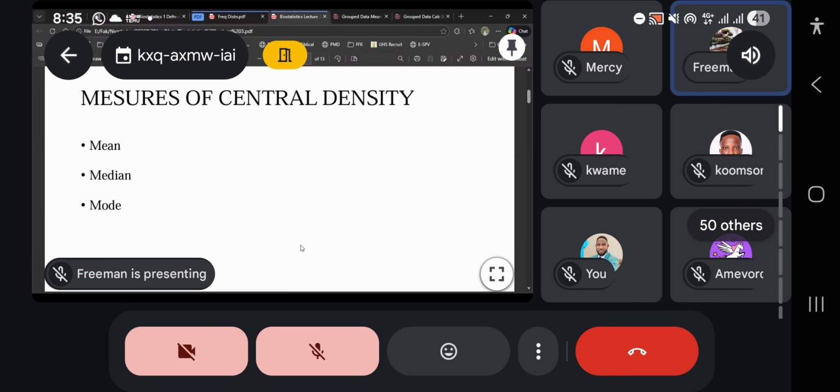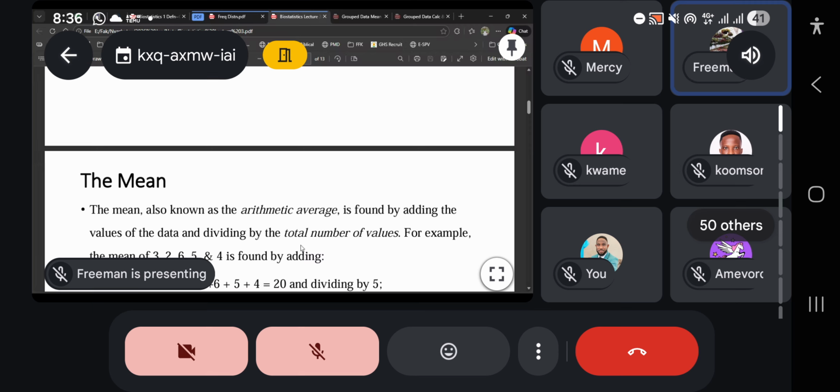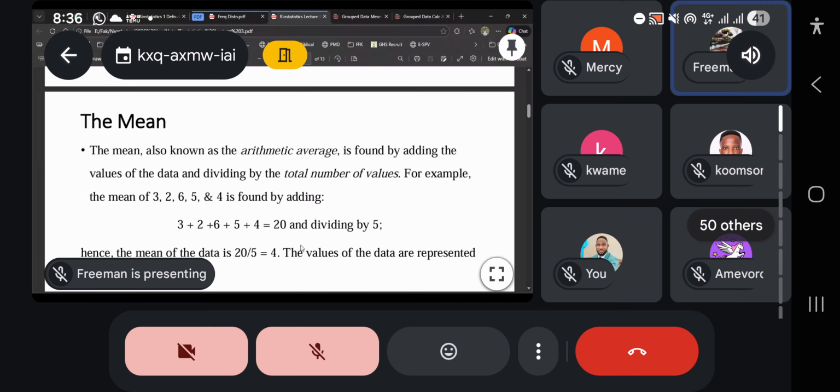The mean of a set of data is the average of that set of data. And when we say the average, what do we mean?